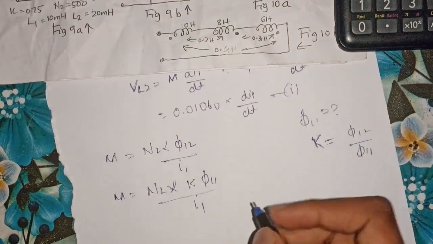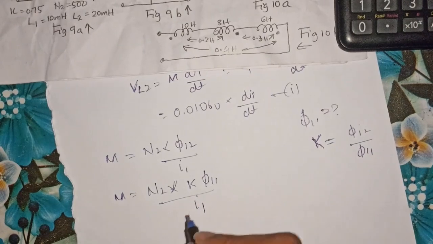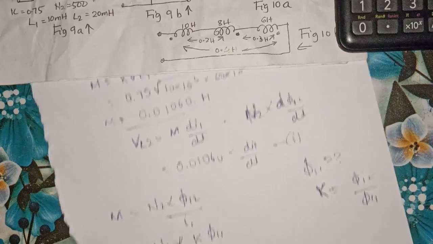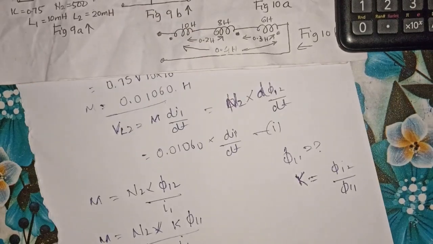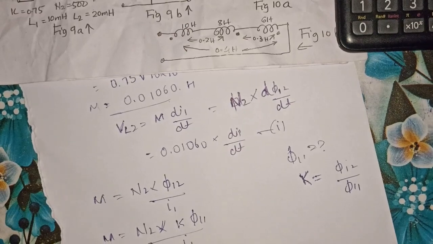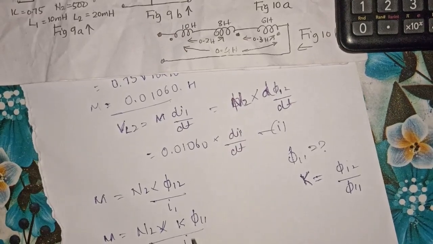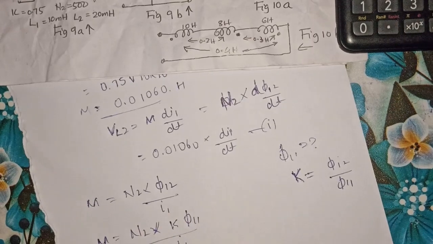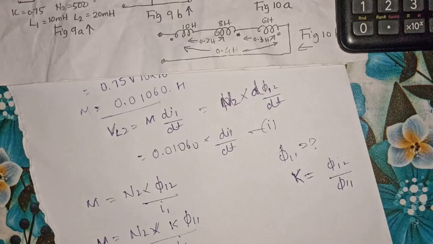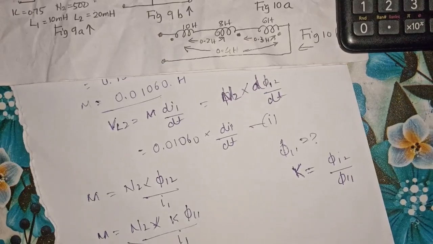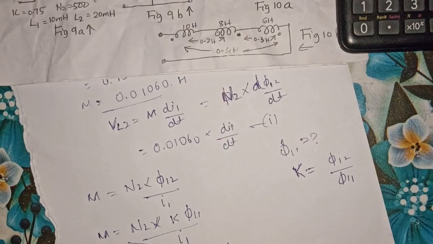Since I need to calculate the value of φ11, and since I don't know the value of I1, let it keep it as it is. So the value of M is which we have calculated as 0.0106. But just transferring the equation, modifying the above equation, which will be M multiplied by I1 divided by N2 multiplied by k, which will be equal to φ11.